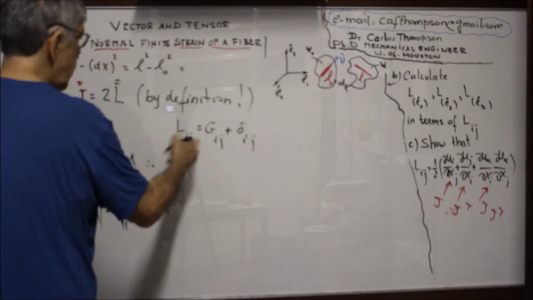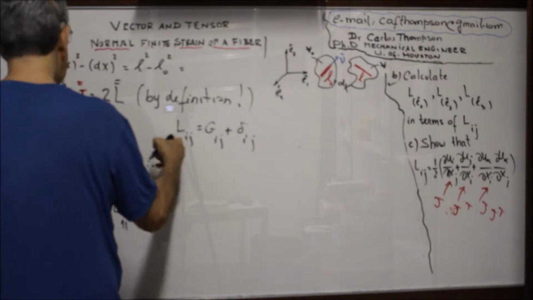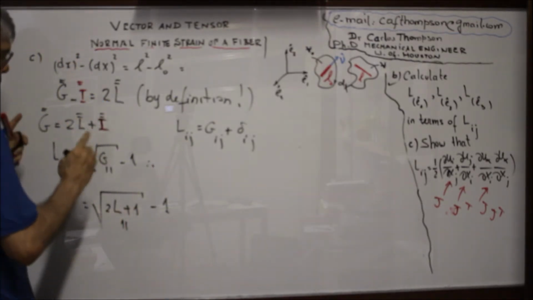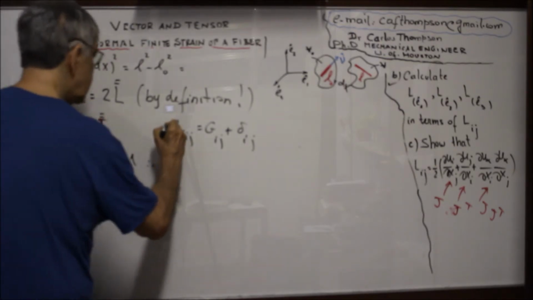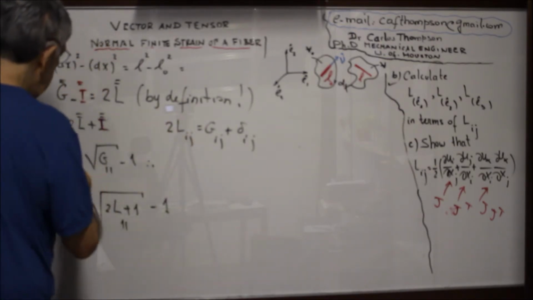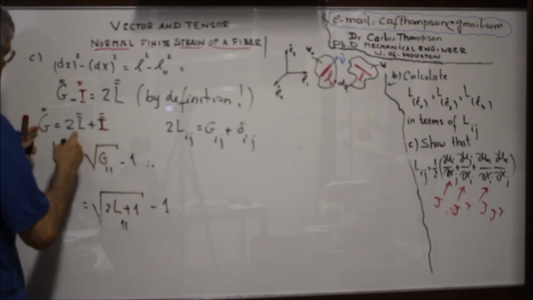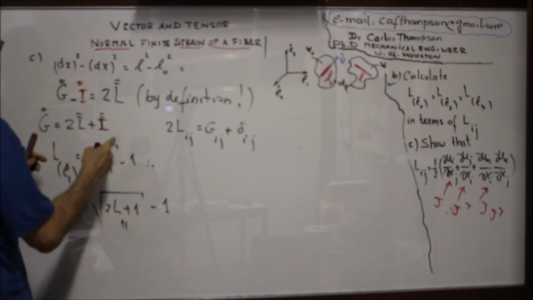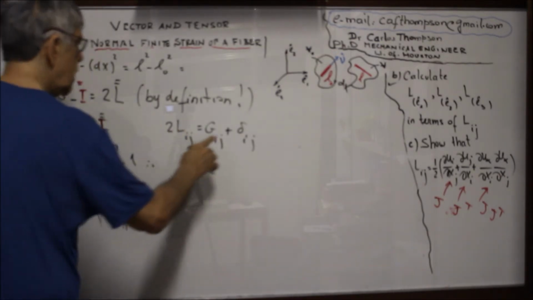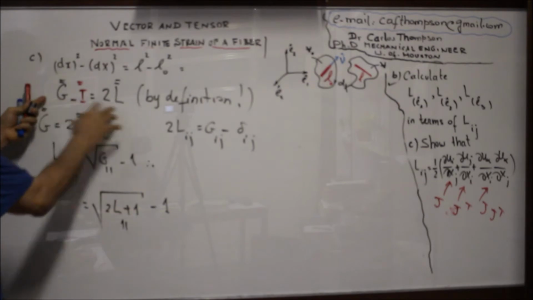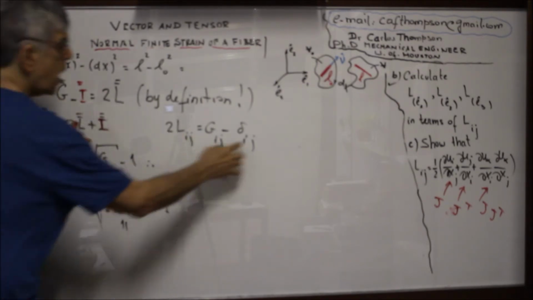Because Gij is, that's right over here. I'm sorry, this is a 2L, see, it's right now. 2L plus I. This is minus over here. See, the definition. You define 2L as G minus I.